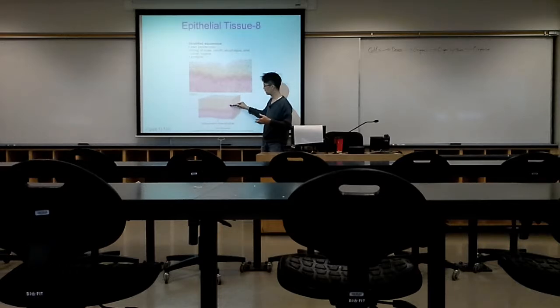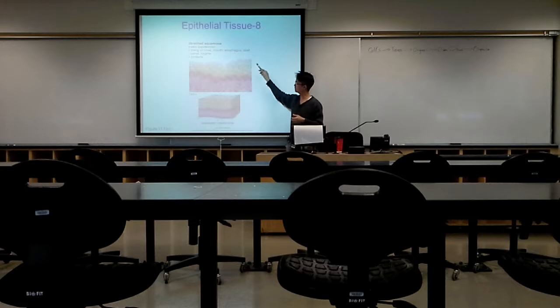It will keep growing to replace the outermost layer. That's why this stratified squamous is for the part of your body that has a lot of abrasion. For example, skin.